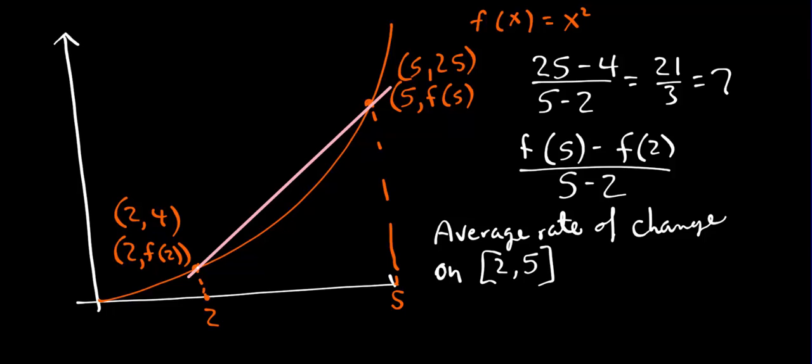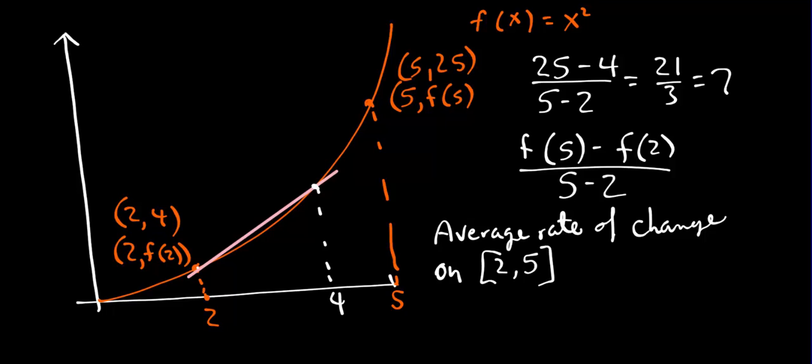Now, what if I do this? What if I take this line and I still have it starting over here at 2, but now I'm going to look at the slope right here at 4. So now instead of the average rate of change from x equals 2 to 5, I'll do the rate of change from 2 to 4.